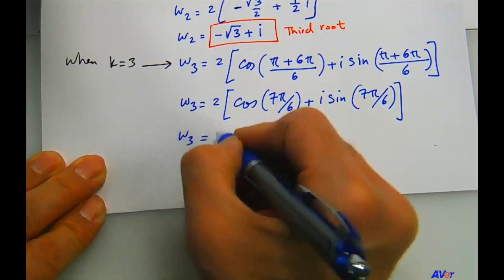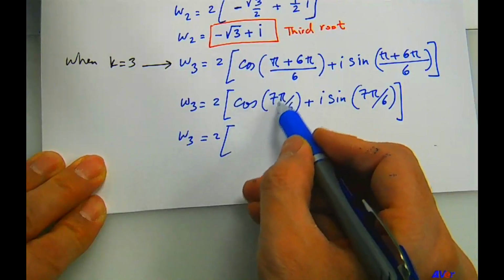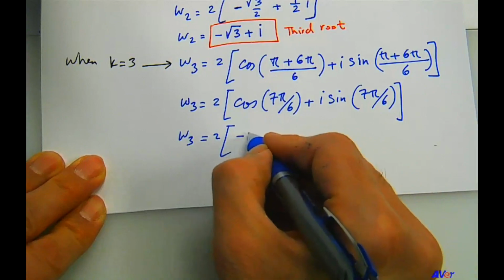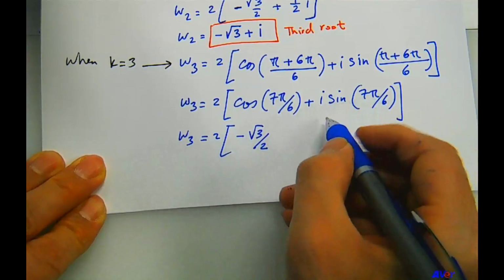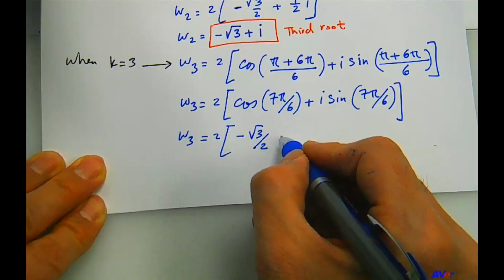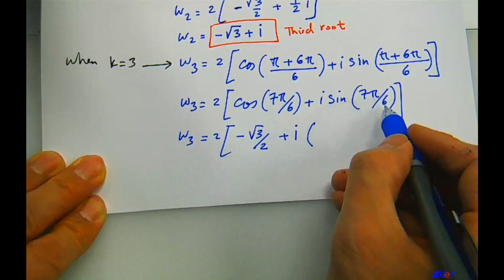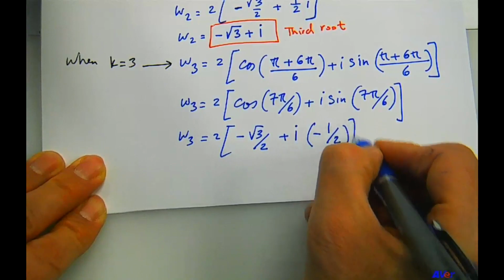So W3, both of these have to be negative. Cosine of 7 pi over 6 is going to be negative square root of 3 over 2, plus i times sine of 7 pi over 6, which is going to be minus 1/2.